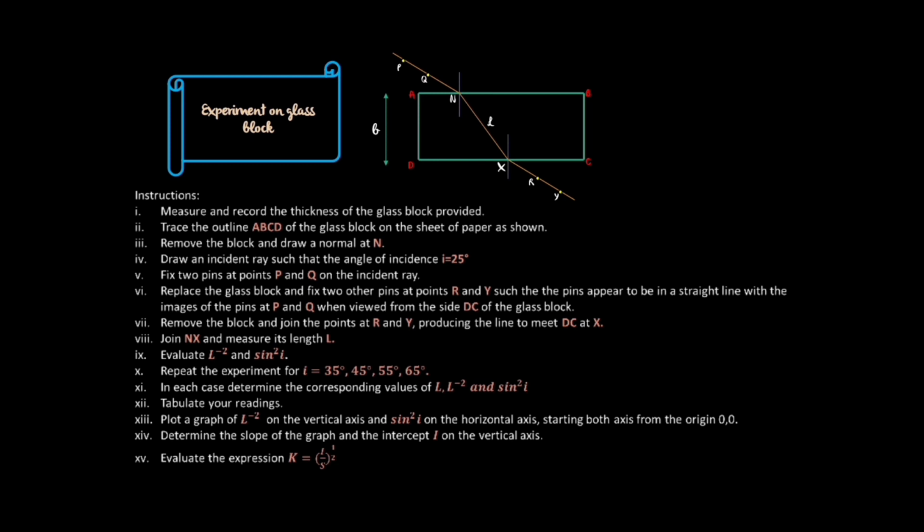Plot the graph of L raised to the power of -2 on the vertical axis and sine square I on the horizontal axis, starting both axes from the origin. Determine the slope of the graph and the intercept I on the vertical axis. And lastly, evaluate the expression K is equal to the intercept I all over the slope S, all to the power of half. That's 1/2.